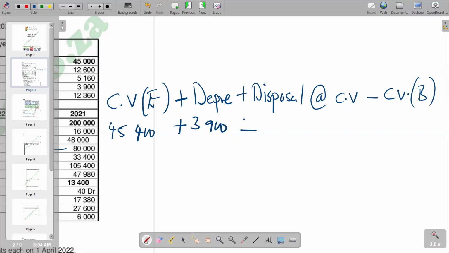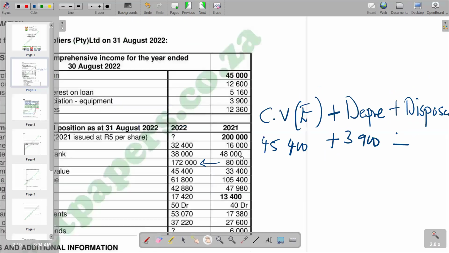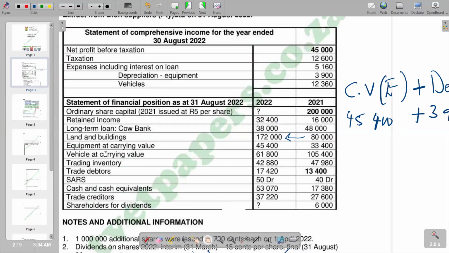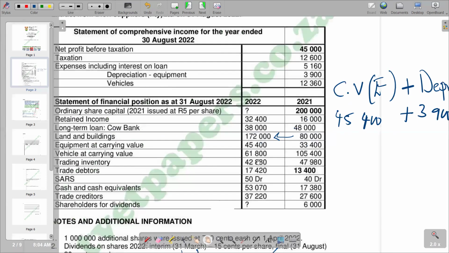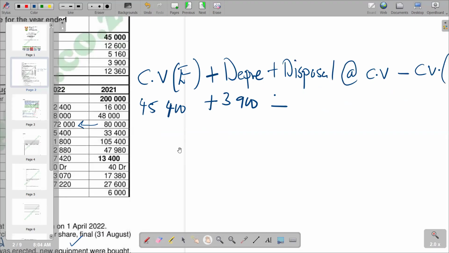Then we subtract the carrying value at the beginning of equipment, which is 33,400.